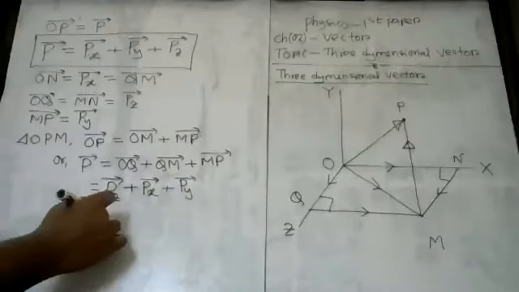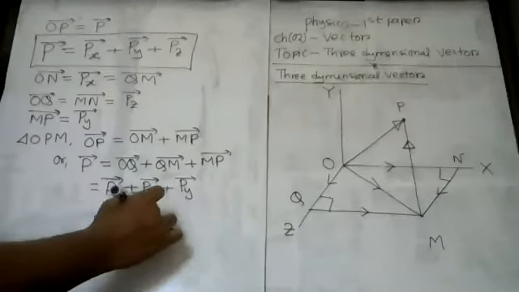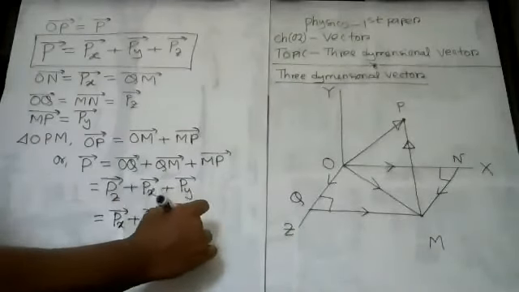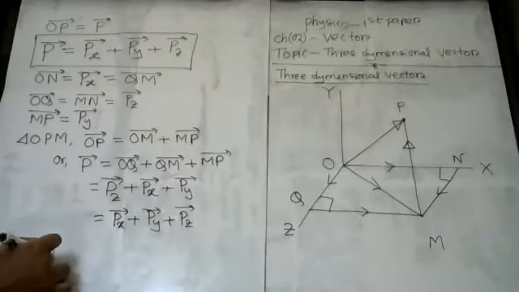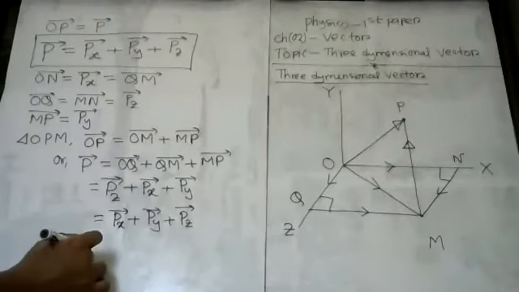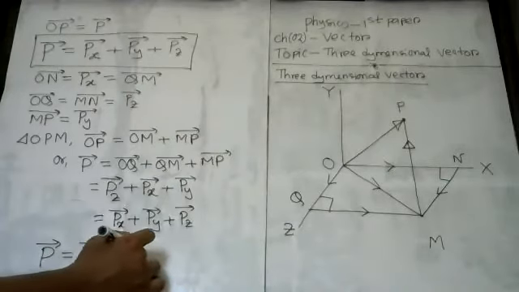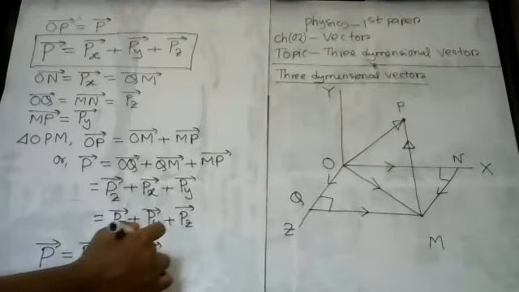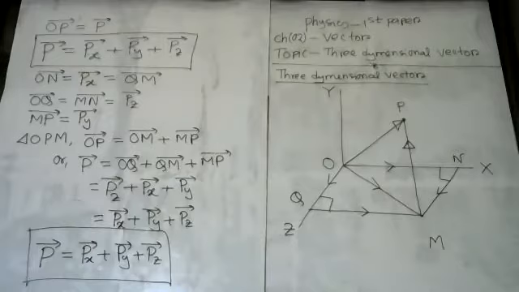So organized, you can say it is Px plus Py plus Pz. These are the three components of vector P. So vector P will equal Px plus Py plus Pz. This is the representation of a 3D vector.